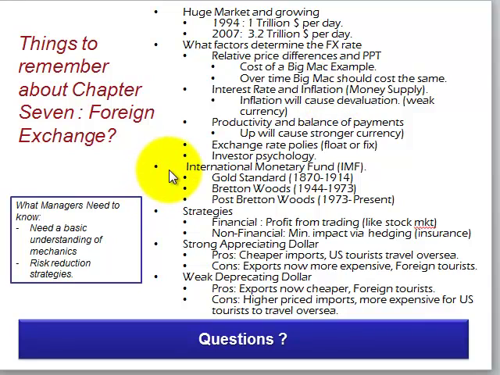Okay. Now, we've had a couple of international monetary systems. In the old days, we were on what was called the gold standard. Everything was tied to gold. That was replaced in 1944 by Bretton Woods, which basically tied everything to the U.S. dollar.